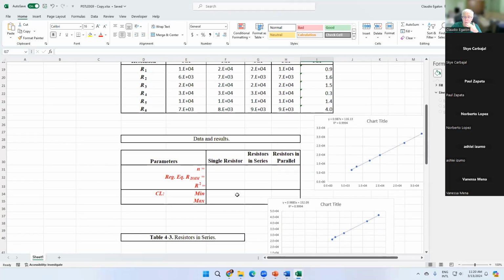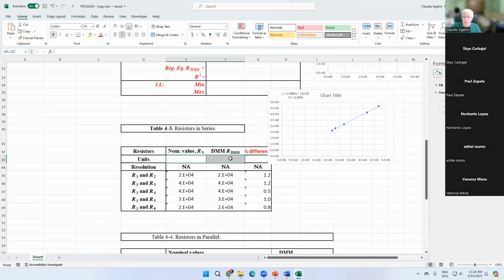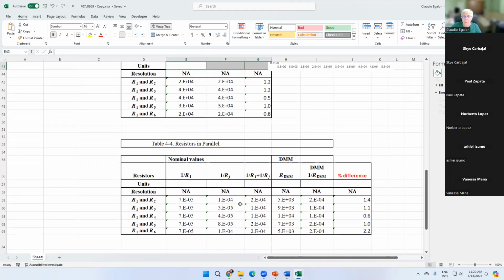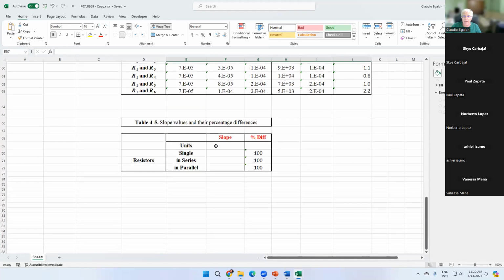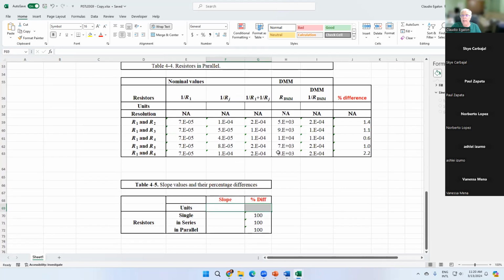And then here, there are no units, but there are units here. And let's not forget, there must be units here as well. Don't forget that I am calculating the inverse of the resistance, right? Here too is the inverse of the resistance. Here's a measurement. You have measurement in ohms, but here is the inverse of the resistance. So you gotta get the units right in here and then the units here as well. That's what I want you to do right now.